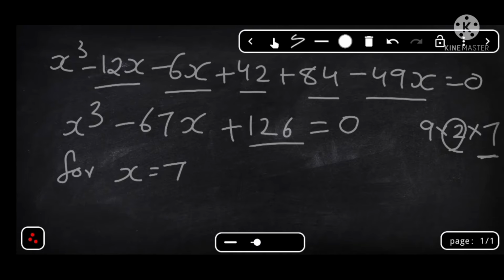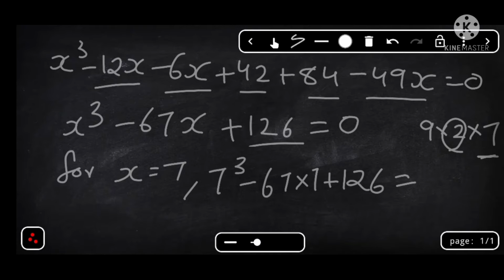So if x equal to 7, 7 cube minus 67 into 7 plus 126 equal to 0, that is 469 minus 469 equal to 0. Hence we can say x equal to 7 is also a root of the given determinant.